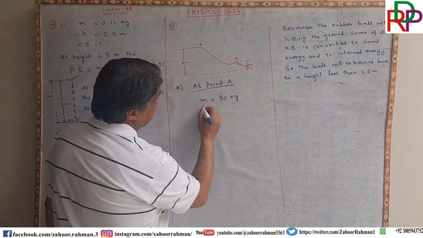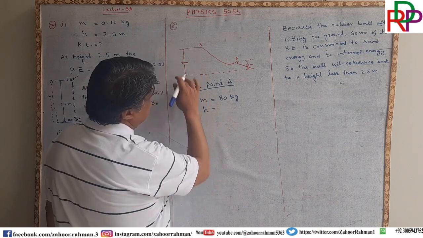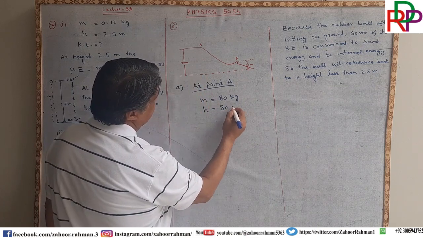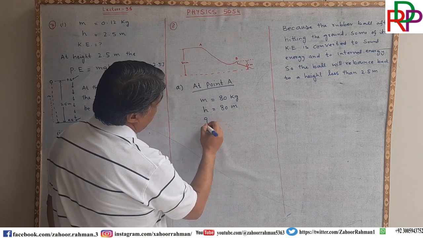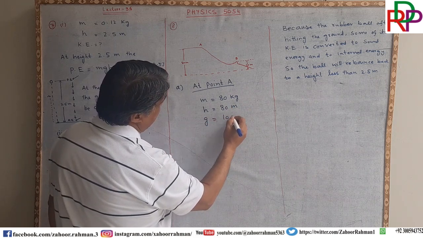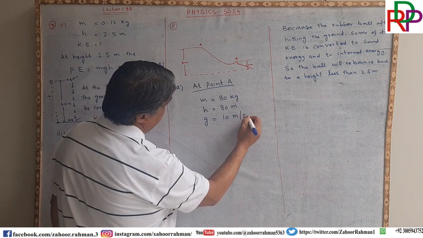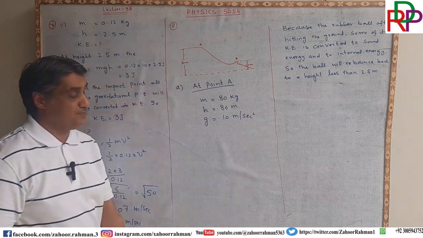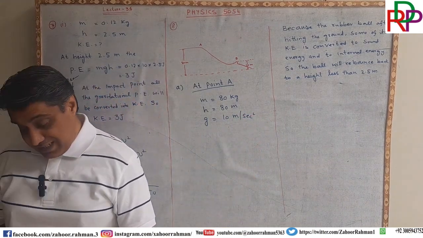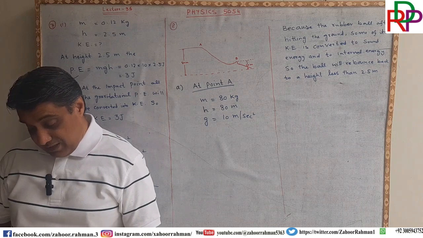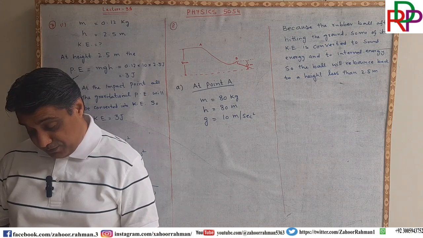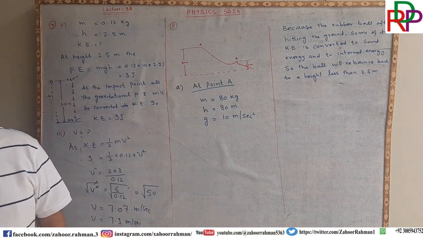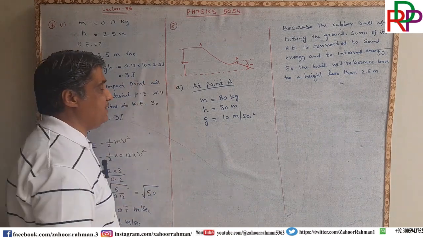Here the height is given to us as 80 meter as well, and you know the value of g is 10 meter per second square. So the question is asking to calculate the change in gravitational potential energy between A and B.